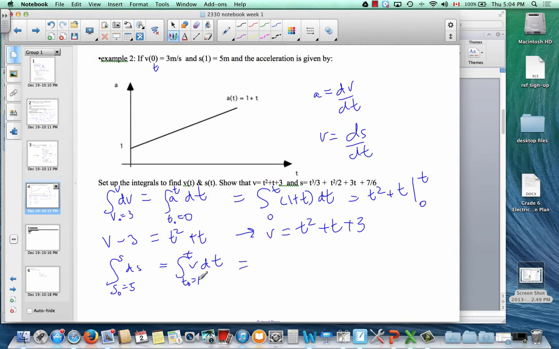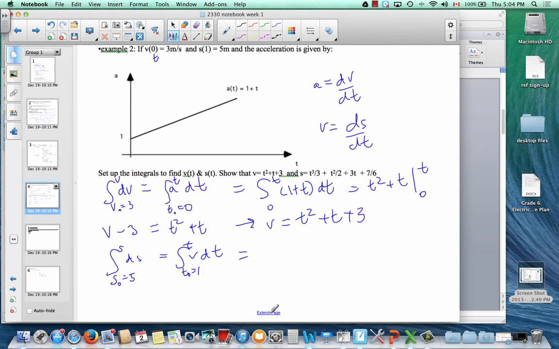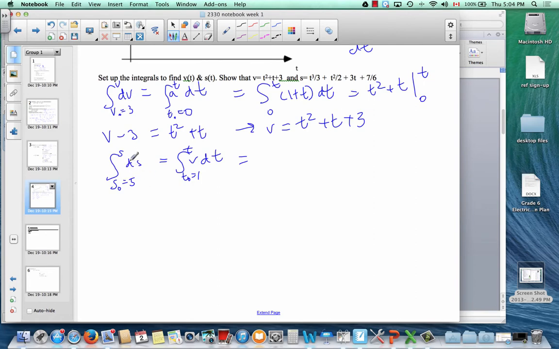So we'll now work out this integral. Well, first of all, the left-hand side is trivial. The integral of ds is just s. Plug in the upper and lower limits, s minus s naught. Here we now have to substitute in the velocity function that we just came up with. It's 1 to t, t squared plus t minus 3, all of that dt.